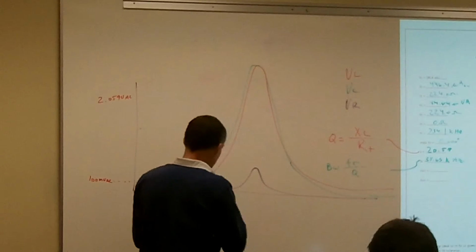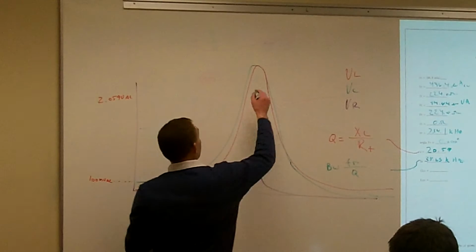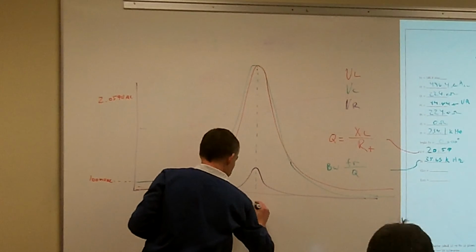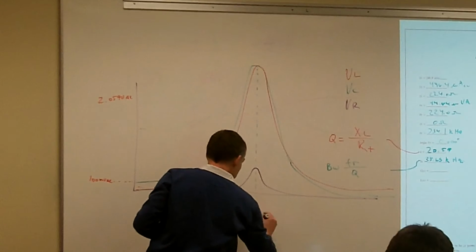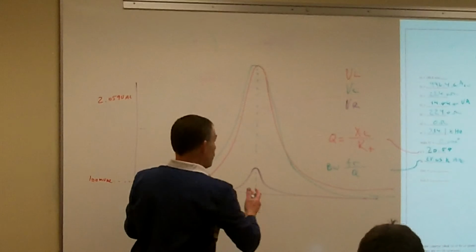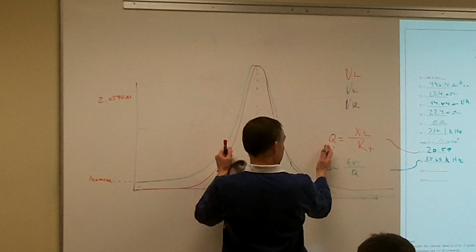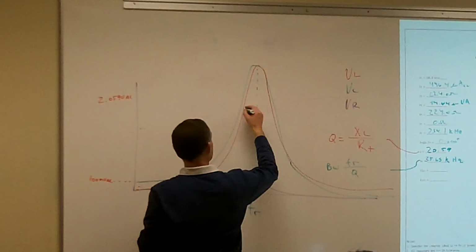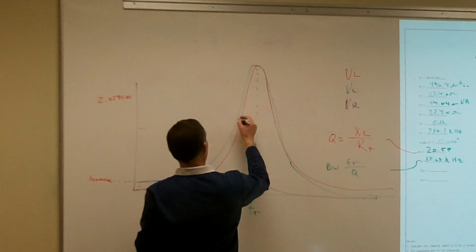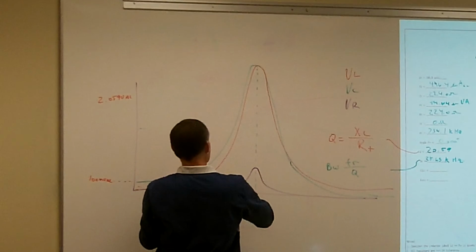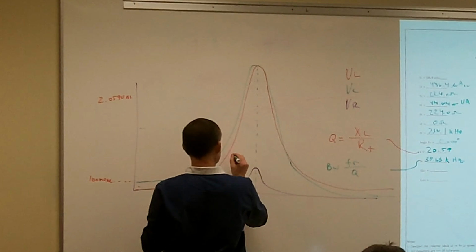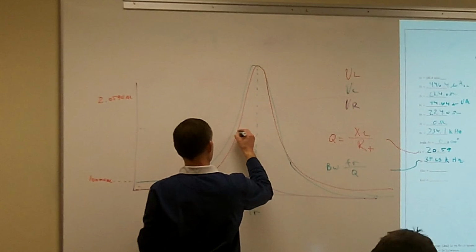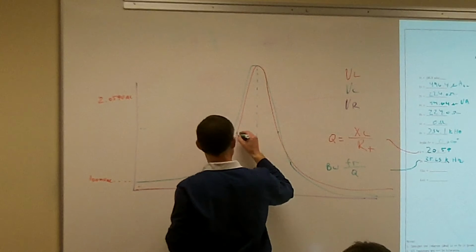So right here, at this point, this is going to be my resonating frequency. My bandwidth is going to be half on this side and half on this side. So I'm going to have a total bandwidth. This isn't really the proper way of doing it, so I'm going to just do it so we can see it.